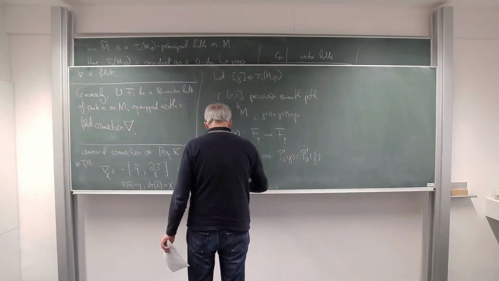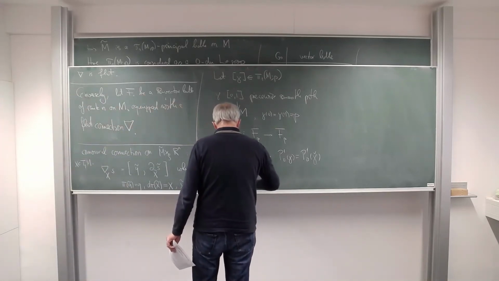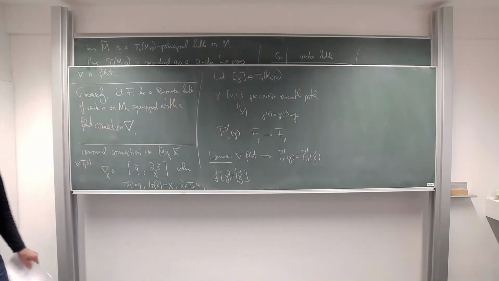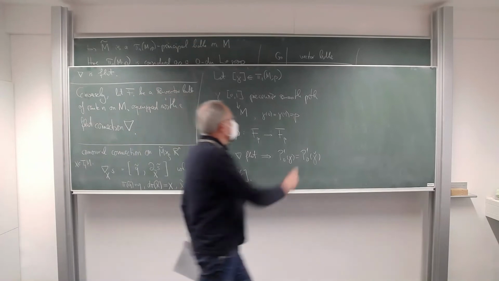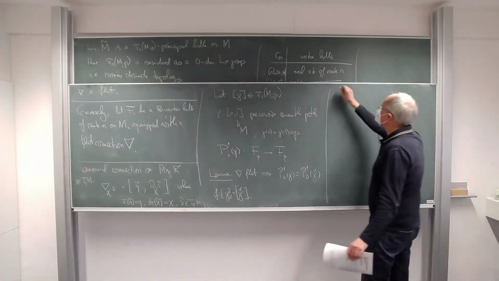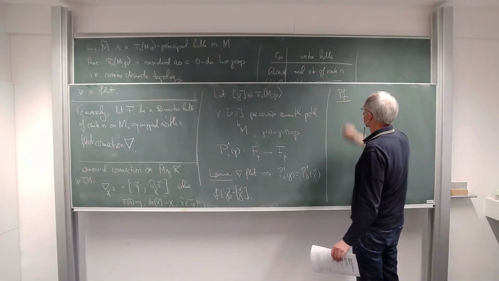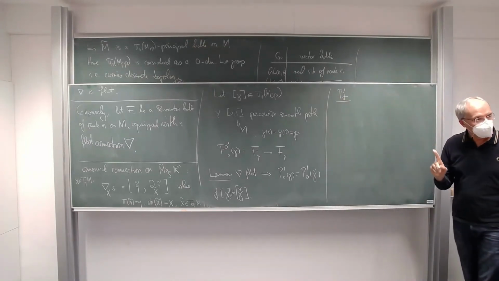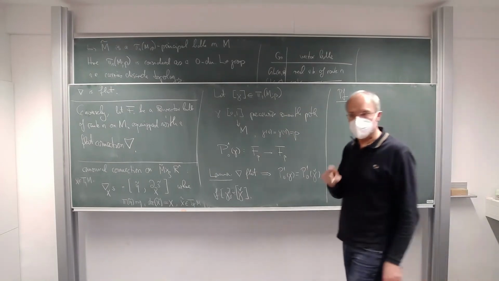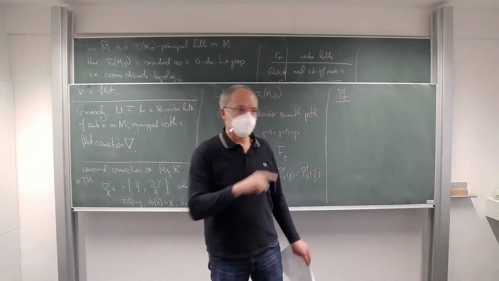Let me write that. So it means homotopic with fixed endpoints. Okay, so why is that? That's what we need, because then parallel transport is really defined by something which comes from the fundamental group, not from the actual path.